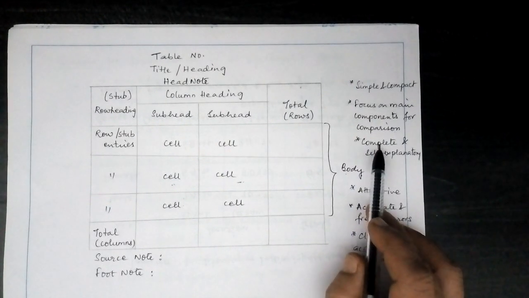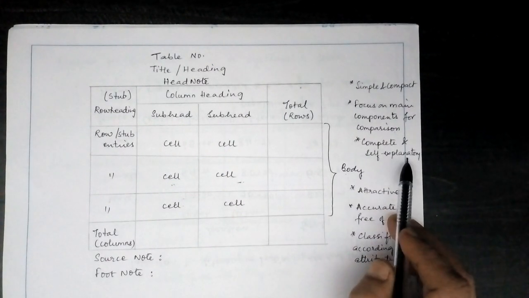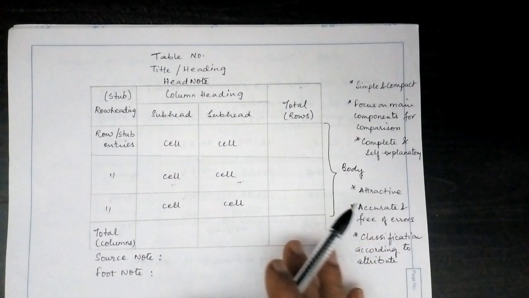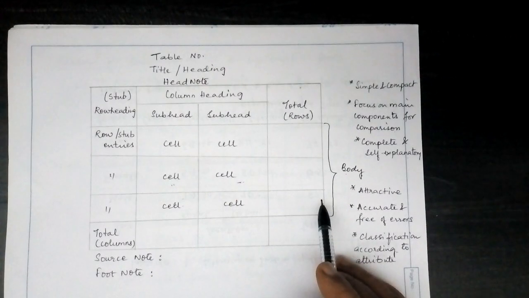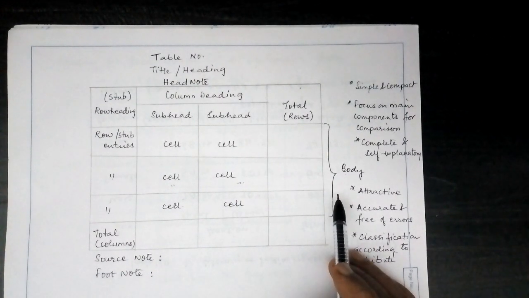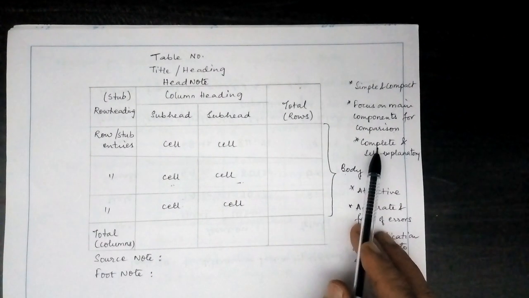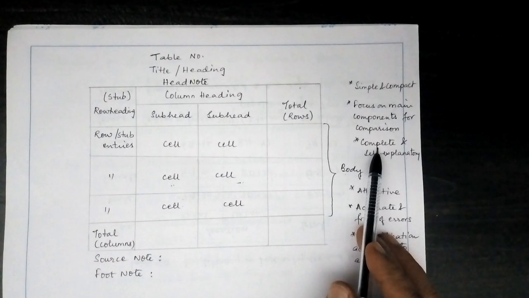The table should be complete and self-explanatory. That means the moment you see the table, you should be able to understand what it represents. And it should be complete. That means there should be no gaps or blanks in the table.